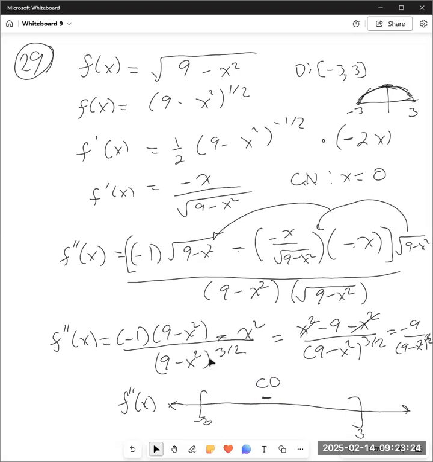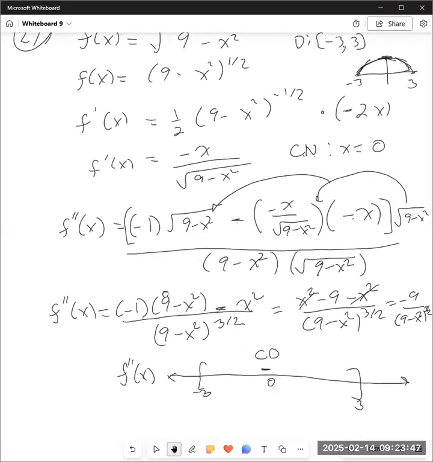And that tells me that this critical number of 0, which falls within that interval, is going to be concave down at that point, which gives me a local maximum there.